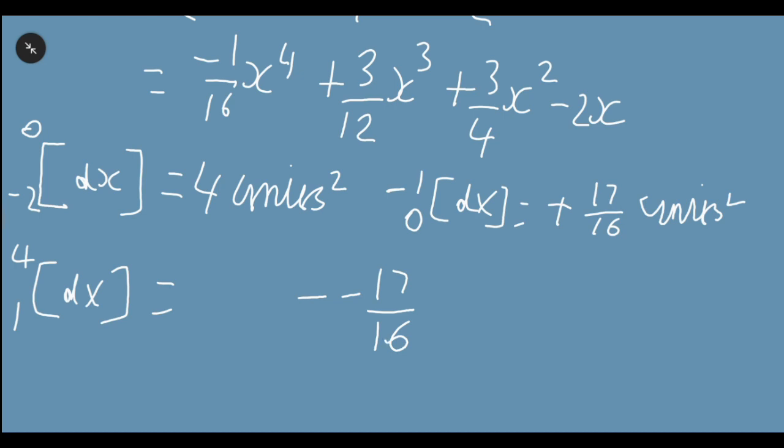The reason we have to do minus 17 over 16 is because when you work out the area, when you substitute both these values in, we have to subtract them, and when you put in 1, you get minus 17 over 16. But this is going to get cancelled out by the negative anyway, so it wouldn't make a difference.